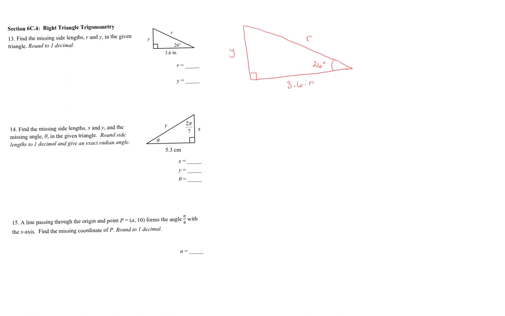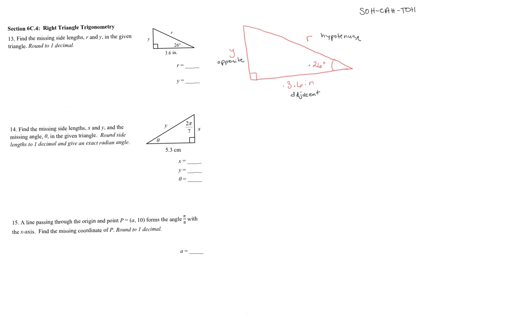So, if we remember SOHCAHTOA, this actually can be really easy. We have this angle, theta, and we have this side length adjacent to it. I'll say this is the adjacent side, this is the opposite side, and this is the hypotenuse.